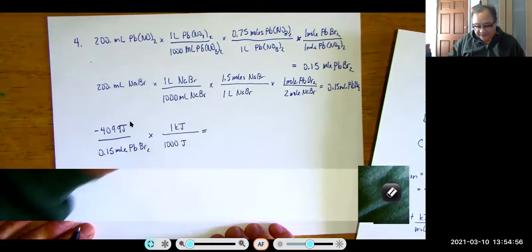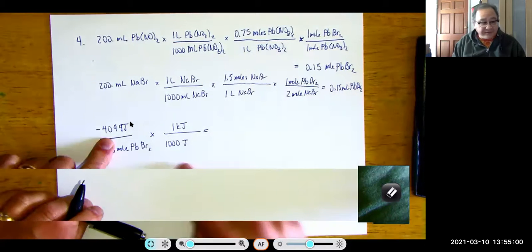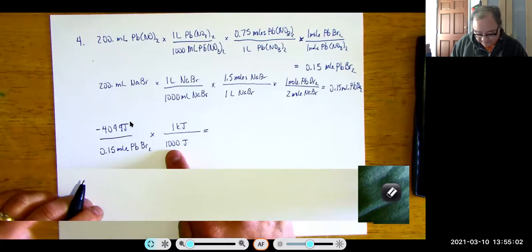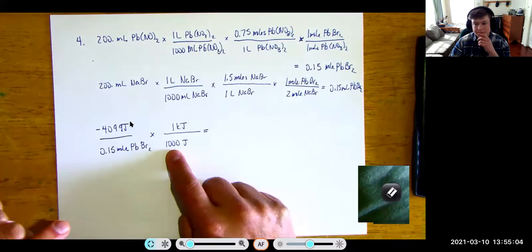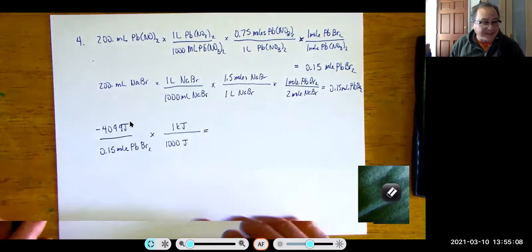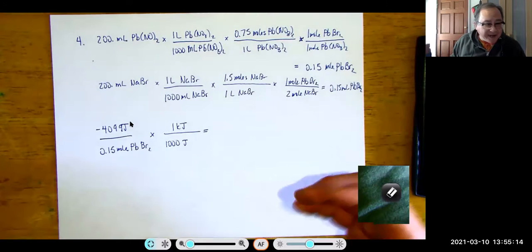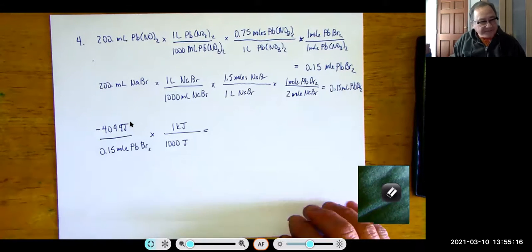And so I'm going to estimate this. What's 4,000 divided by 1,000? You think 4. How many times does 15 go into 4? Well, I don't know, but it goes into 1 about 6 times. So 6 times 4 is 24, but maybe a little more. So maybe the answer is like 27, 28.